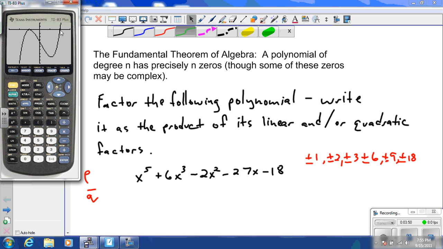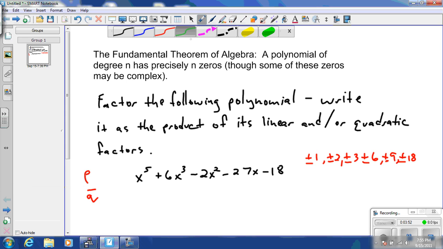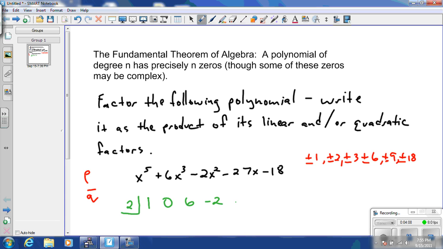So we'll do synthetic division with a 2. Now the coefficients, don't forget we need a coefficient for every term. There's no x to the 4th, so I need to put a 0. I have 6x to the 3rd, negative 2x squared, negative 27x, and negative 18.